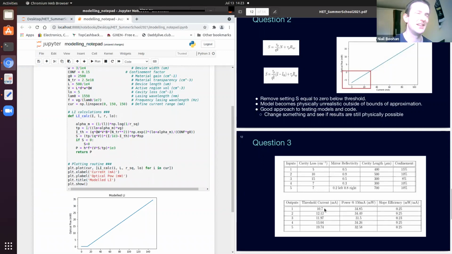So we know the threshold current and the output power, and then slope efficiency. It's an important parameter in lasers. All you do is you take your threshold current, and then you take the current at your maximum output power, and you see how much your power changes in that band. So you get literally a slope, a positive gradient.